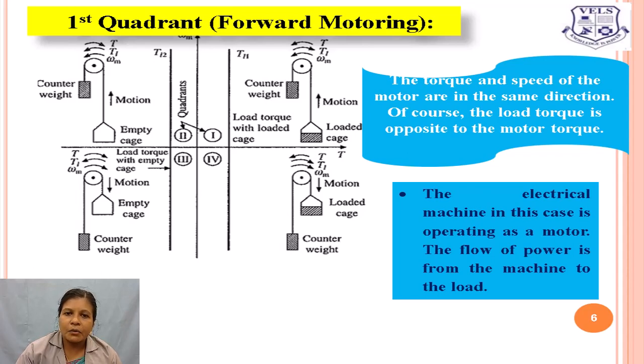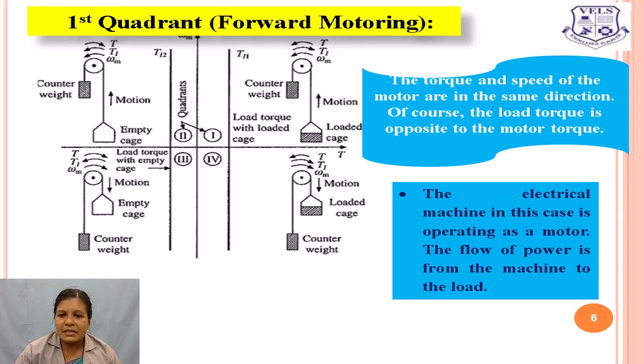As I already told you, the load torque is always opposite to the motor torque. So here, since the direction of the speed of the motor and the developed torque are in the counterclockwise direction, the developed power is positive. The torque and the speed of the motor are in the same direction, and the load torque is opposing the motor torque.